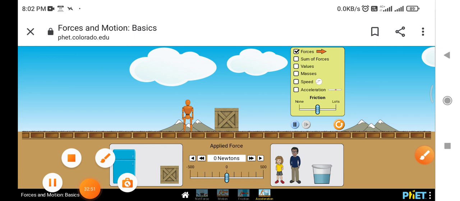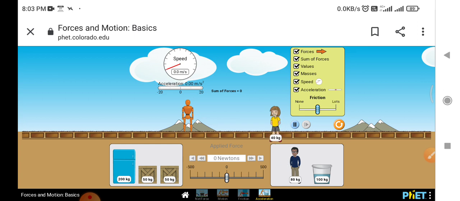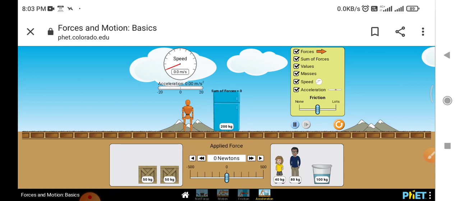We will select all the things: sum of the force, values, mass, speed, and acceleration. And here we will choose some other object. Here I chose this object. We will choose this and this.